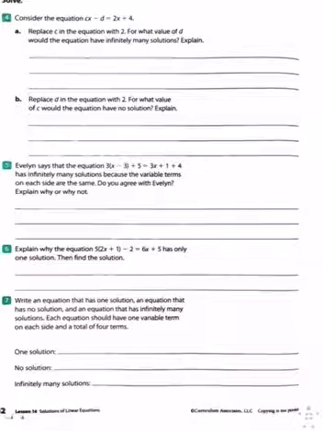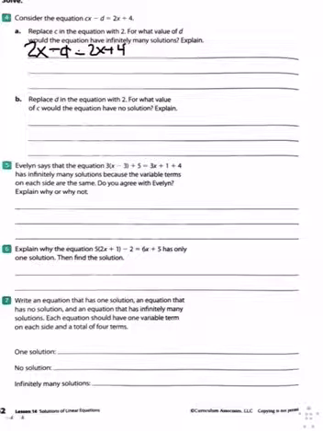Problem number 4. Consider the equation cx minus d equals 2x plus 4. Replace c in the equation with 2. So I'm going to have 2x minus d equals 2x plus 4. For what value of d would the equation have infinitely many solutions? Explain. When we have infinitely many solutions, I need it to be the same on both sides.